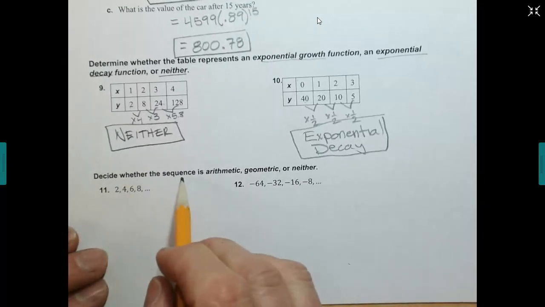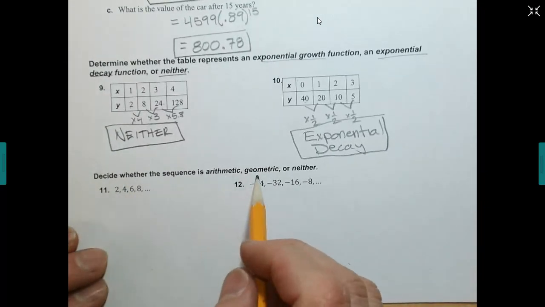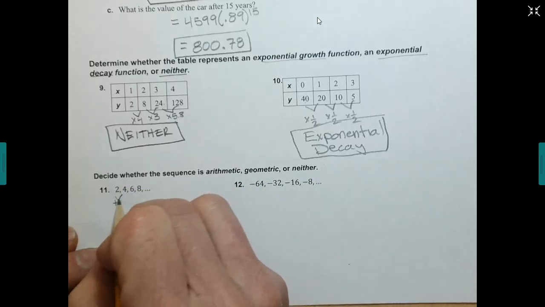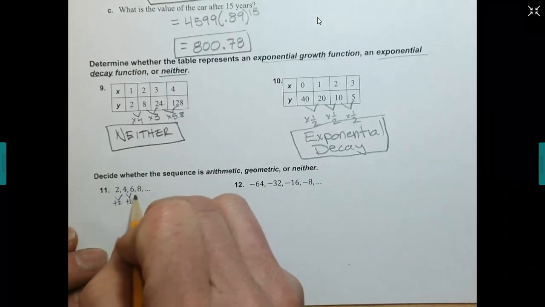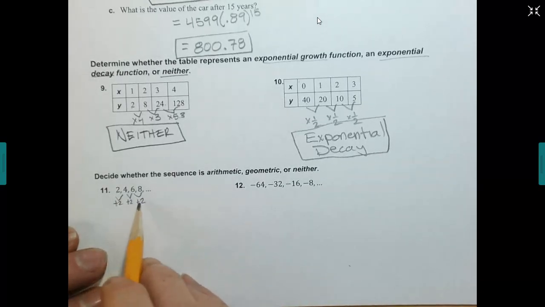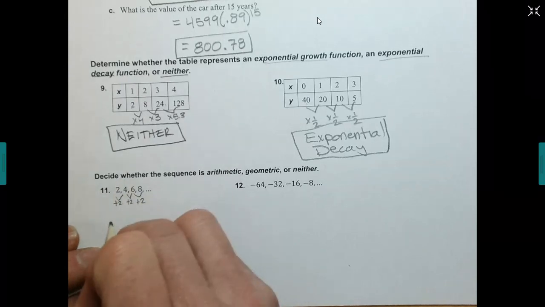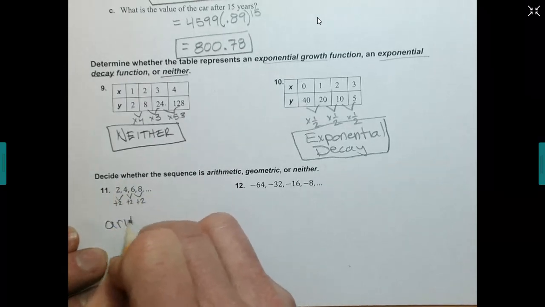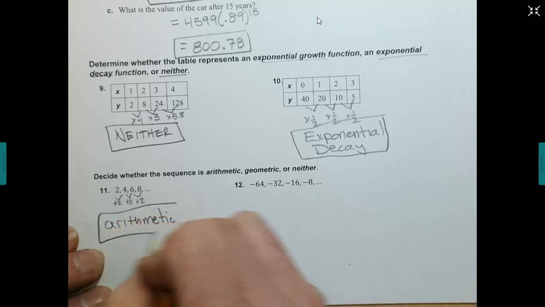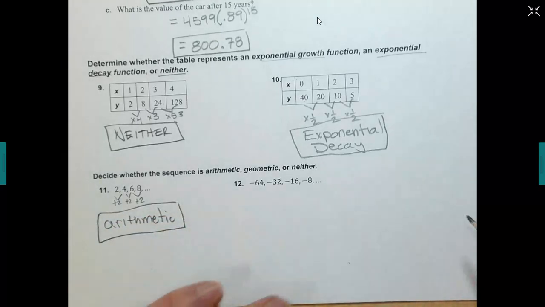Decide whether this sequence is arithmetic, geometric, or neither. 2 to 4, that's plus 2, plus 2, plus 2. So I just add 2 each time. Don't forget, if I add or subtract on a consistent basis, then it's going to be an arithmetic sequence.